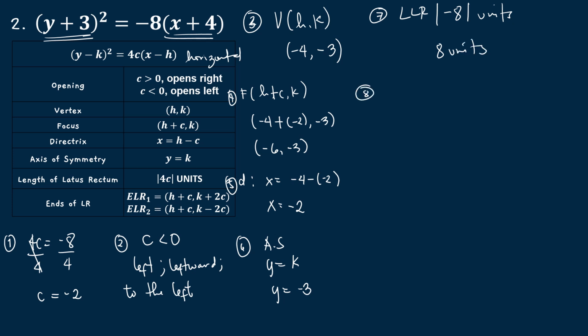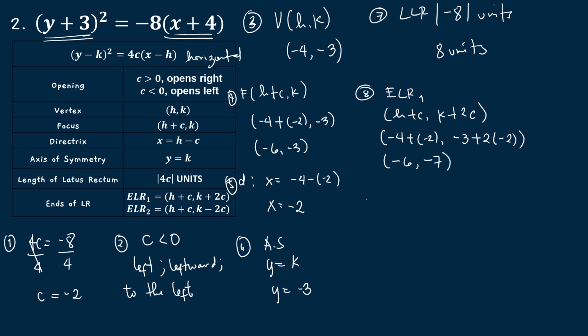Number 8, you have ELR1 again, which has a solution of h plus c, comma, k plus 2c. So solution-wise, it would be negative 4 plus negative 2, then negative 3 plus 2 times negative 2. Writing it in our solution, that would be negative 6, comma, 2 times negative 2 is negative 4, negative 3 plus negative 4 is negative 7.